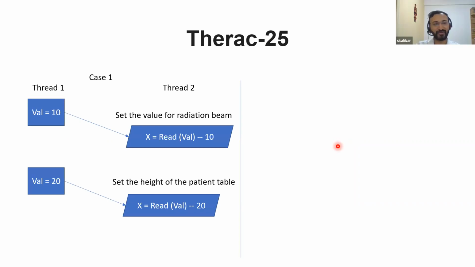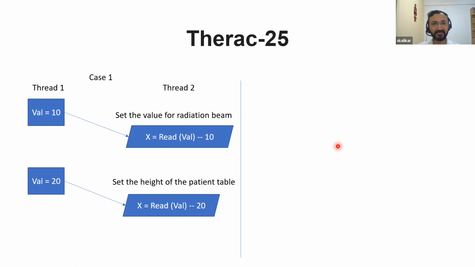So the main bug in the system which was highlighted in our context: there was a shared memory location which was getting accessed for two different operations. The first operation was that the operator who monitors the machine used to enter the intensity of the laser beam into, say, a text box of the GUI, and that value would get written into one of the memory locations in the hardware.